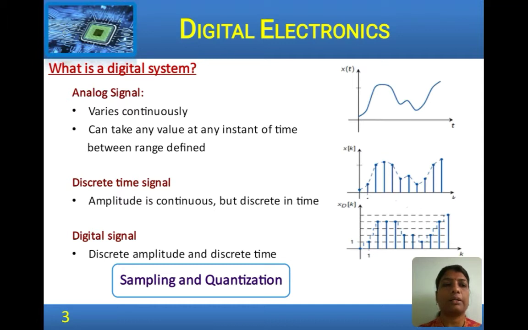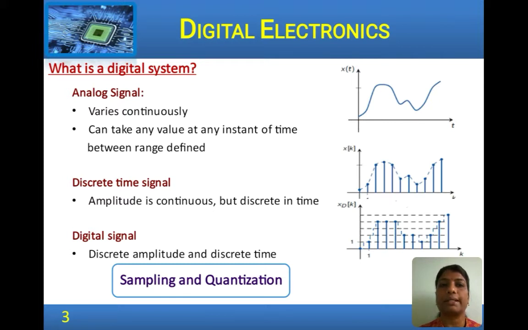So, here the time domain is discretized whereas the amplitude is continuous. So, the temperature is noted at discrete time instances, but the amplitude or the value of temperature can take up any of the values as a discrete time signal.